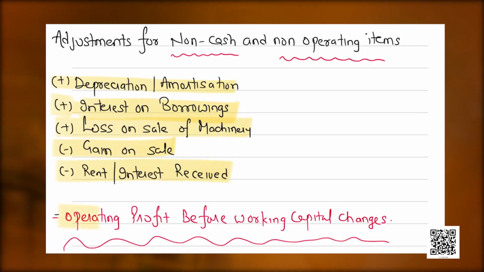So, by adding and subtracting all these items, we will arrive at operating profit before working capital changes. After coming to know about operating profit before working capital changes, we would give the final touch to this to arrive at the net figure, to know the exact inflow and outflow of cash from operating activities.